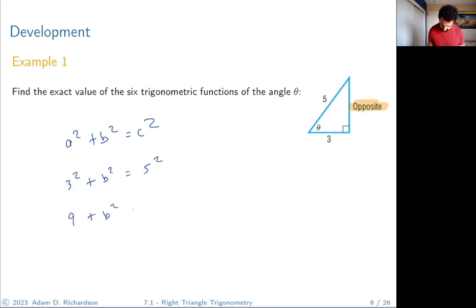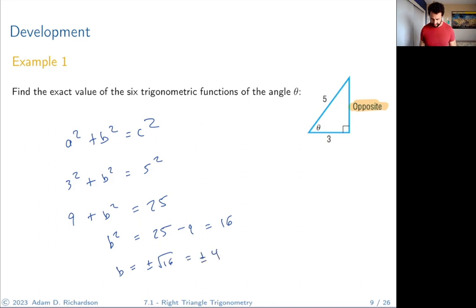And then we just do some basic algebra here to solve for b, which is 16. So b is going to be 4. Or really, I should say this. B is going to be plus or minus square root of 16, which is plus or minus 4. But in this case, because we're just using a positive length, we're just going to stick with the positive result.